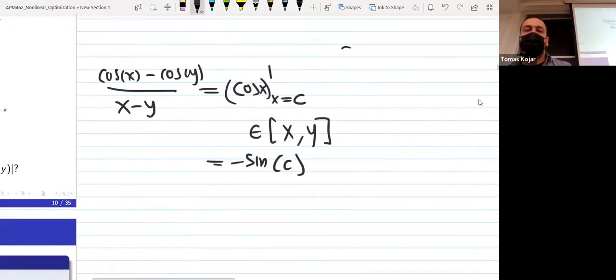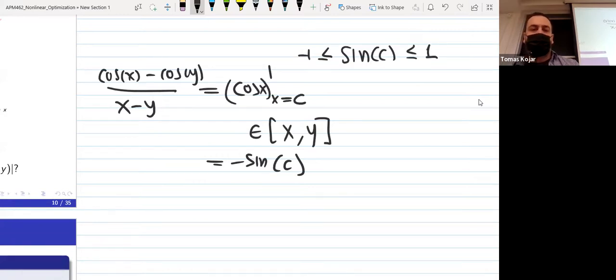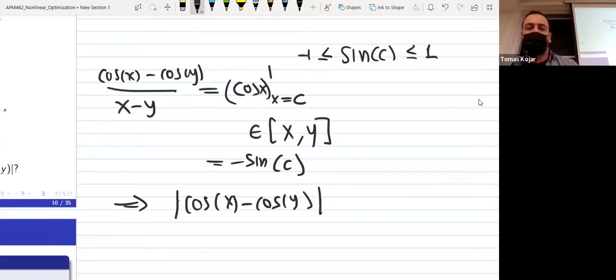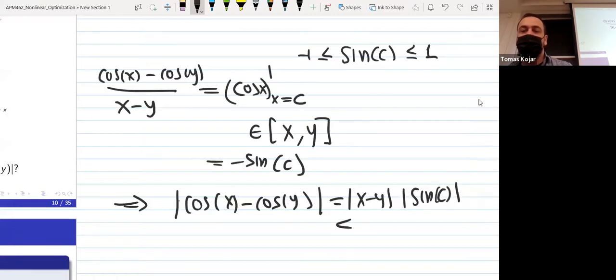What do you know about the upper bounds of sine? What is it bounded above and below? Yeah. So then we have that cosine of x minus cosine of y is equal to (x minus y) times sine c. So it's less than or equal to the absolute value of x minus y. Okay.